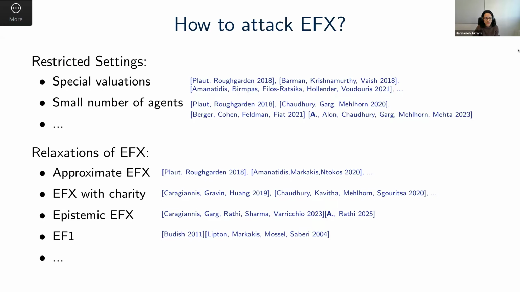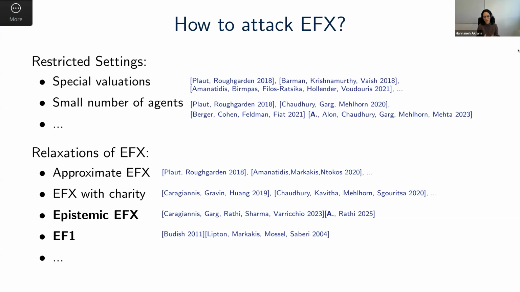Still, many studies have attacked this enigmatic problem from different aspects. For example, one could consider restricted settings where agents have more special classes of valuation functions, or a small number of agents. But what I will talk about in this presentation is two important relaxations of EFX.